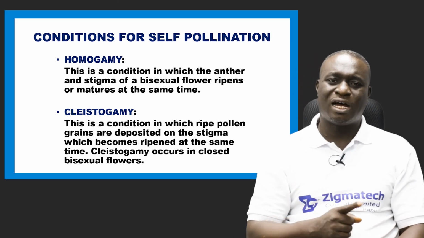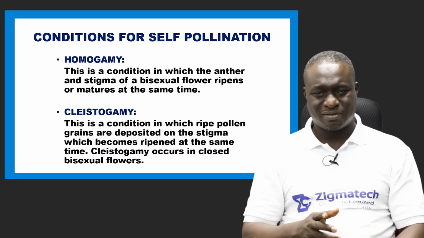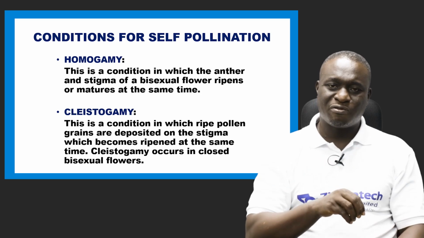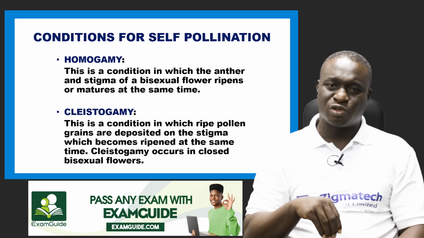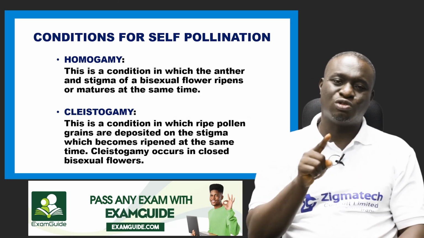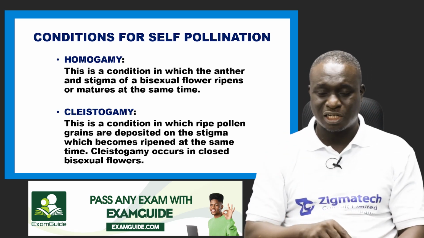A bisexual flower is a flower that has both male and female parts in it. In a particular plant where you have the male flower and the female flower in different plants rather, we refer to that as a unisexual plant.